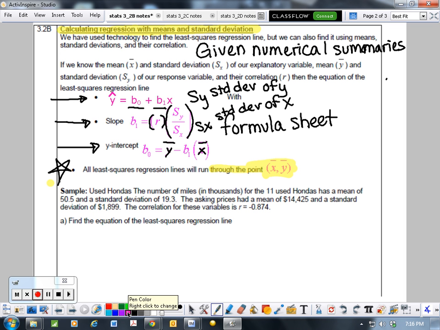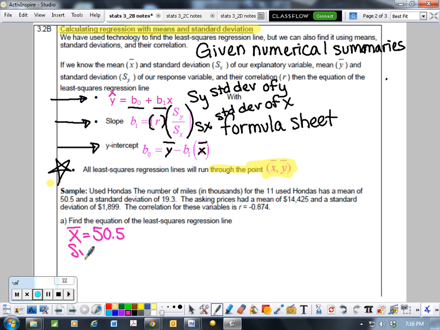So we're going to go ahead and walk through a problem. We have used Hondas, going back to those Hondas. The number of miles in thousands for 11 used Honda cars has a mean of 50.5. So this is the mean of my x value, because we used miles to predict the price of the cars.